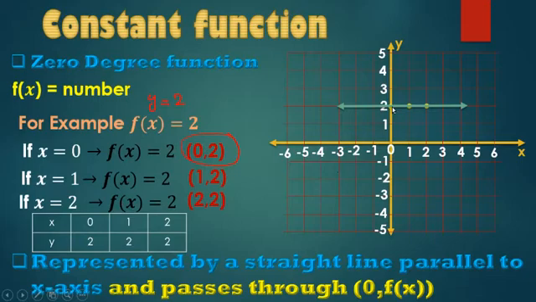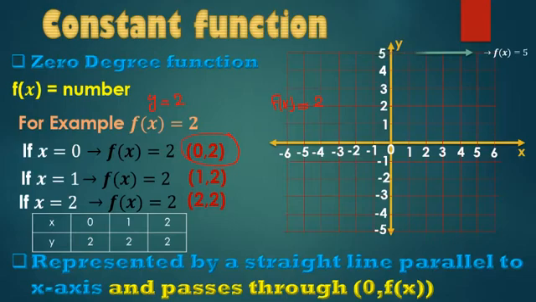Here we have f of x equal to 2, represented by a line that passes through 2. For example, if we have a line like this that passes through 5, its rule is f of x equals 5 because it passes through 5.